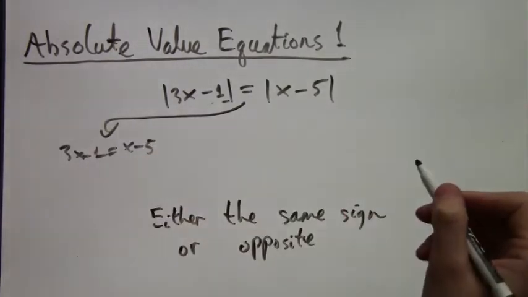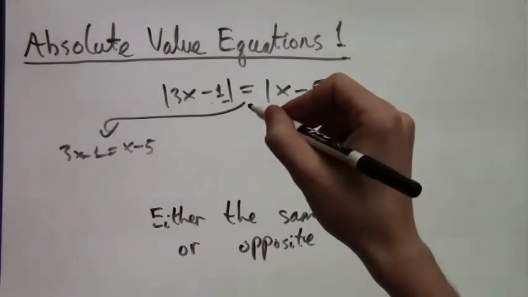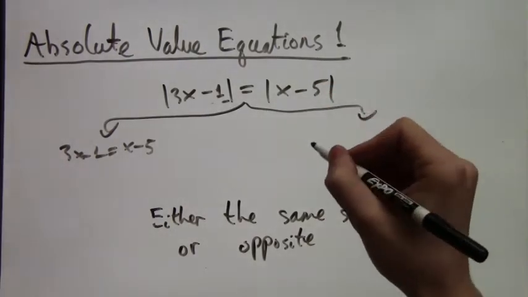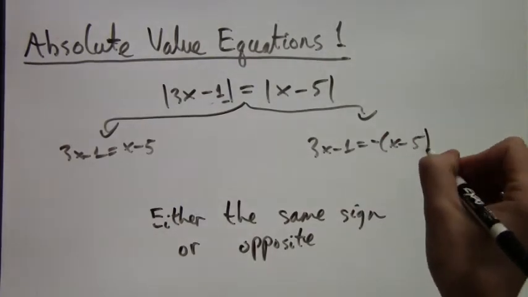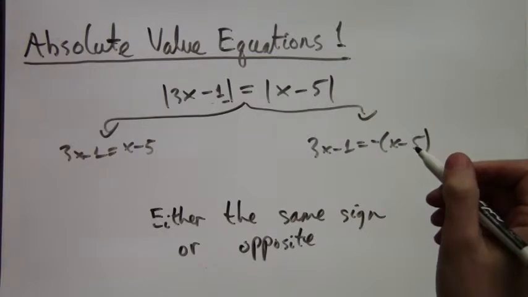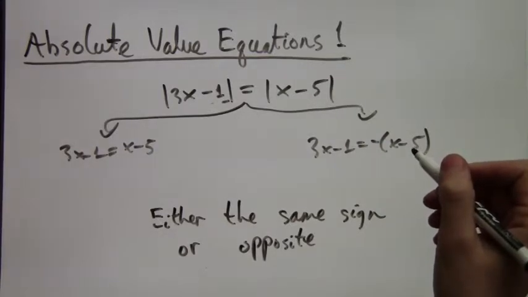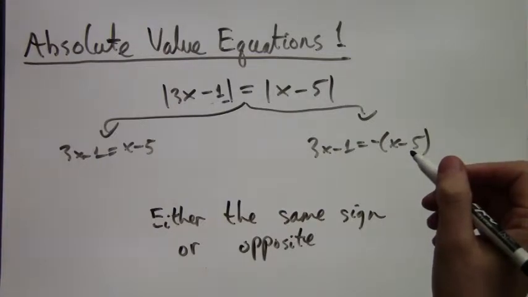And if we put a negative sign in front of just one of them, then it's the same as putting the negative sign in front of the other one. So these are our 2 cases. We just solve these 2 options and we check if any of the answers work.